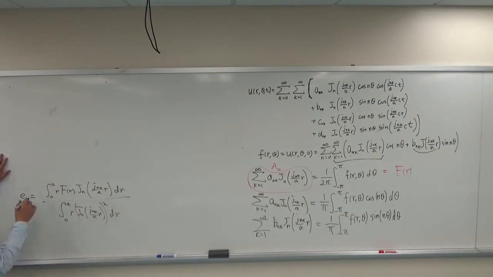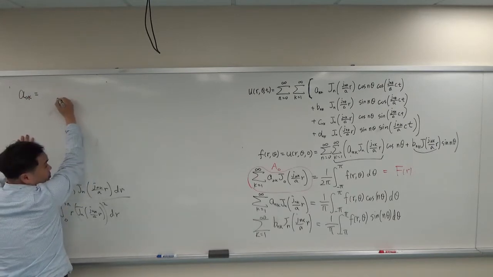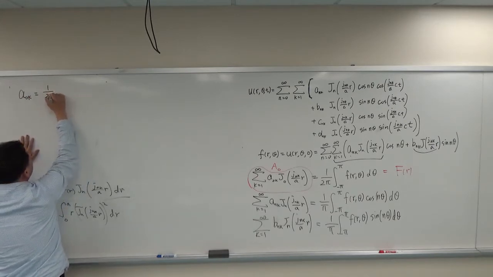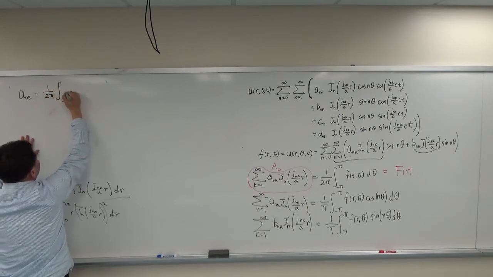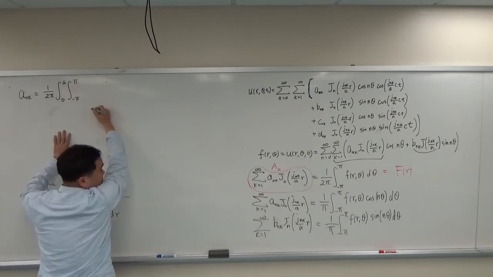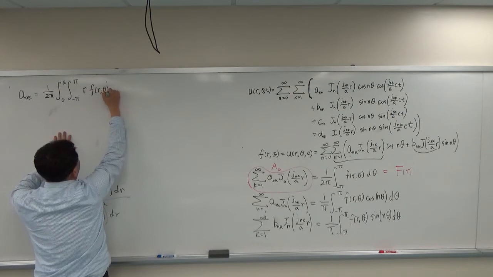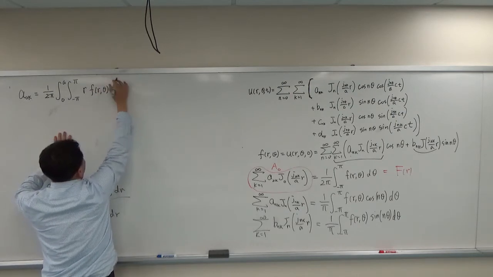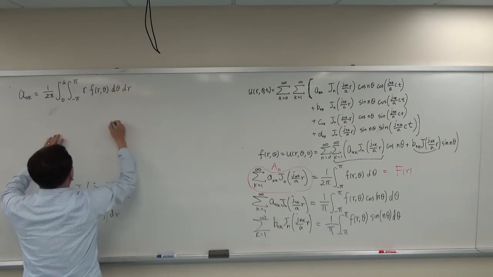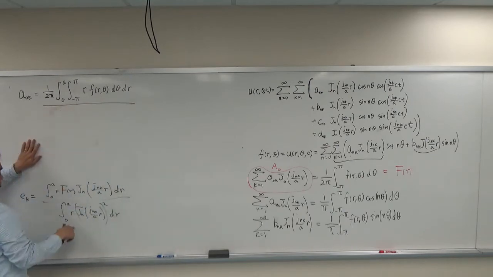You're going to get that a_0k is equal to 1 over 2 pi, integral from 0 to a, negative pi to pi, of r times f(r, theta) d theta dr, divided by, you have to divide by this one.